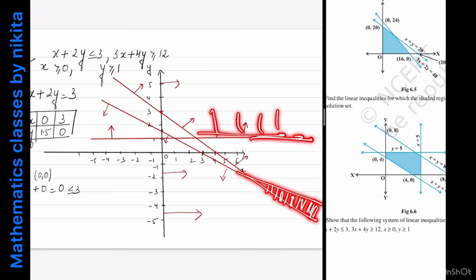So therefore this question has no solution.